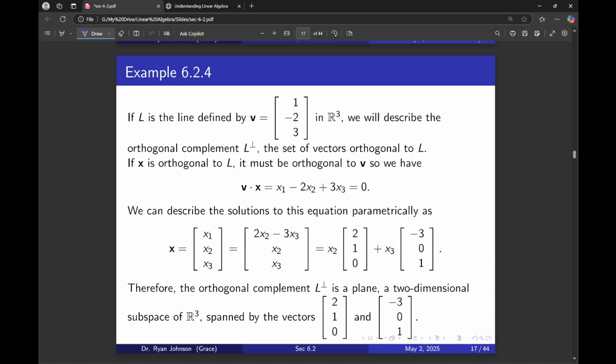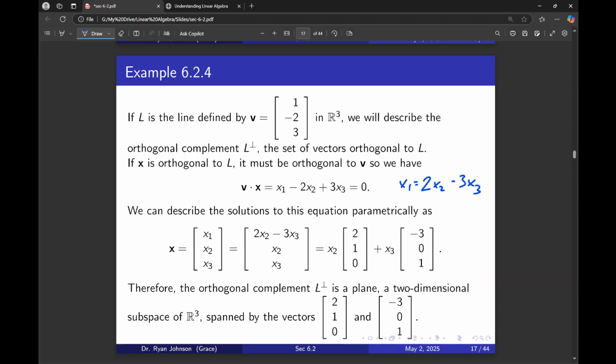And so if I take that equation and solve for x1, then x1 equals 2x2 minus 3x3, right?